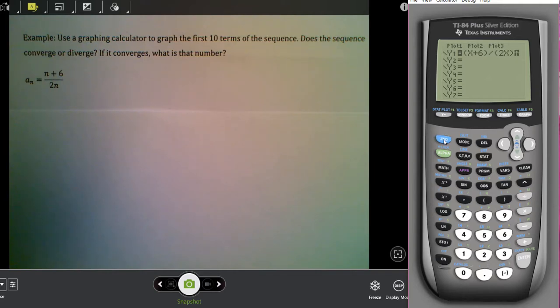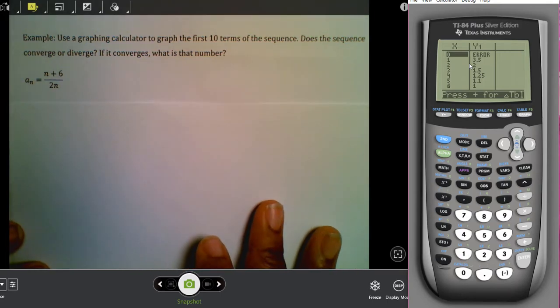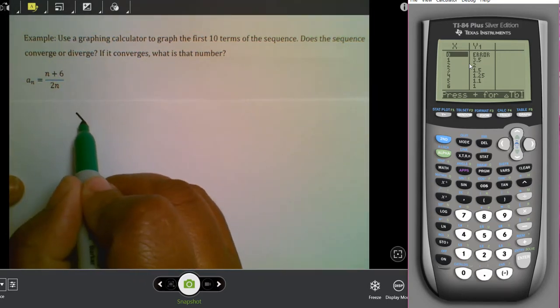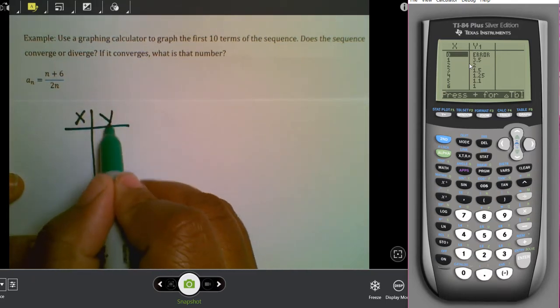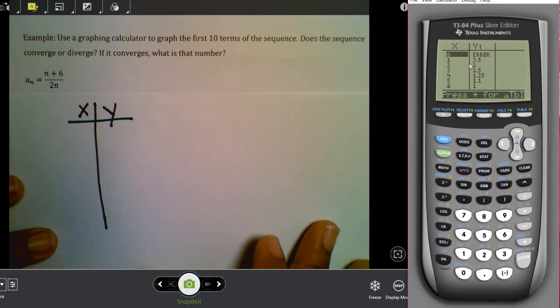So we're going to go second and graph, and above graph we have table, and we have our XY table. So let's go ahead and write that out. Pause for a second and go ahead and write out the first 10 terms.